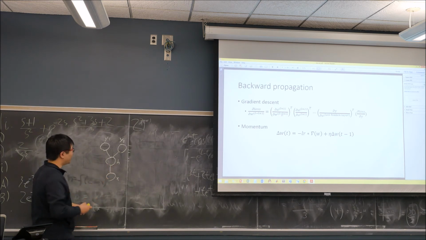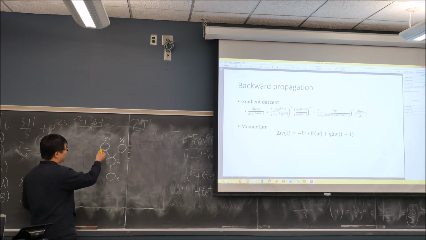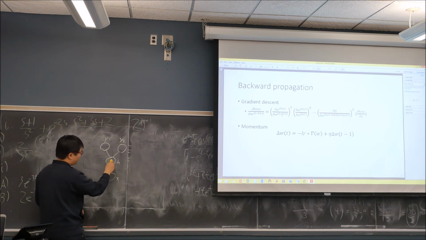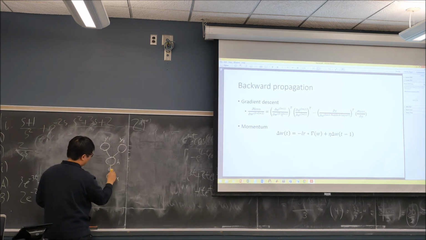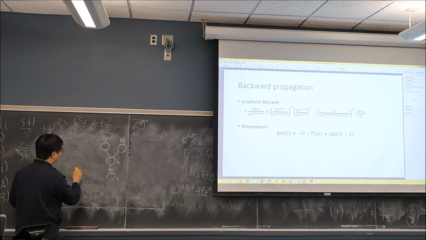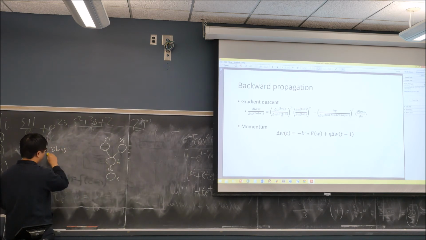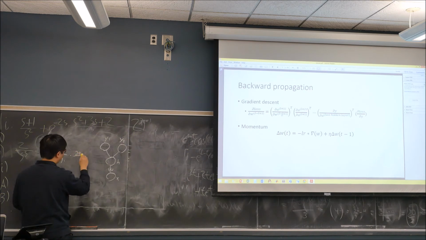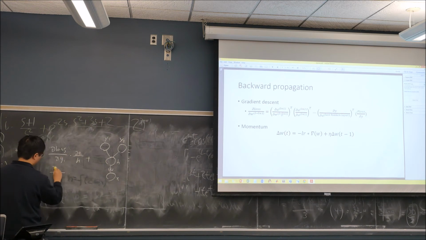When you calculate the gradient, you first have to calculate the loss function with respect to y. Then you calculate the derivative of y1 with respect to h, and then you calculate the gradient here. Let's say this is w. Basically, you do partial loss over partial y1 times partial y1 over partial h, and so on.